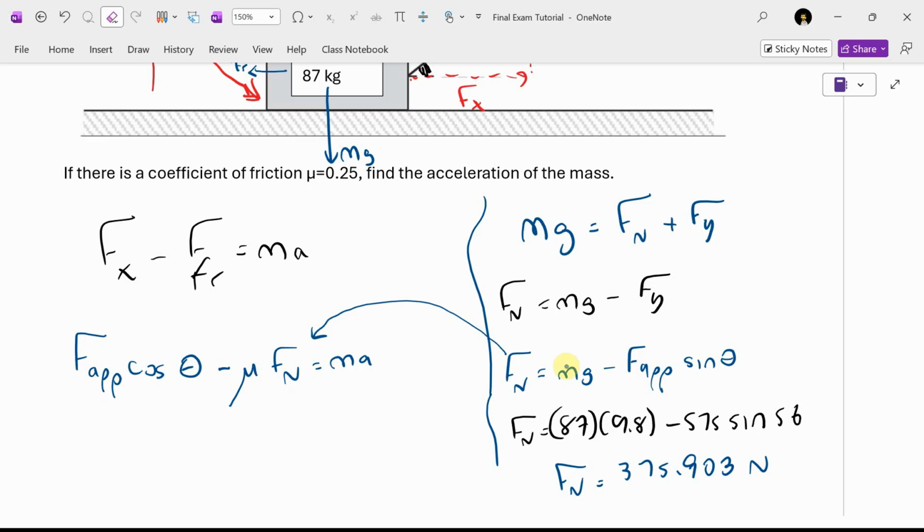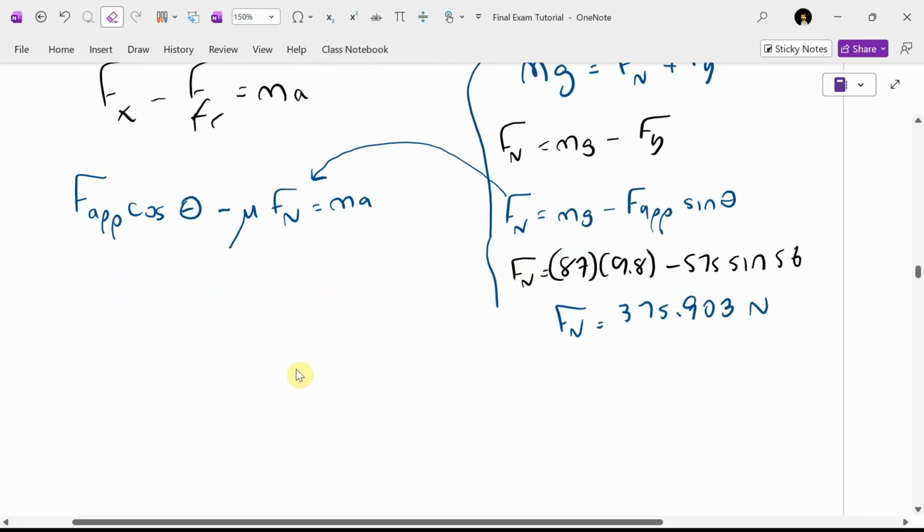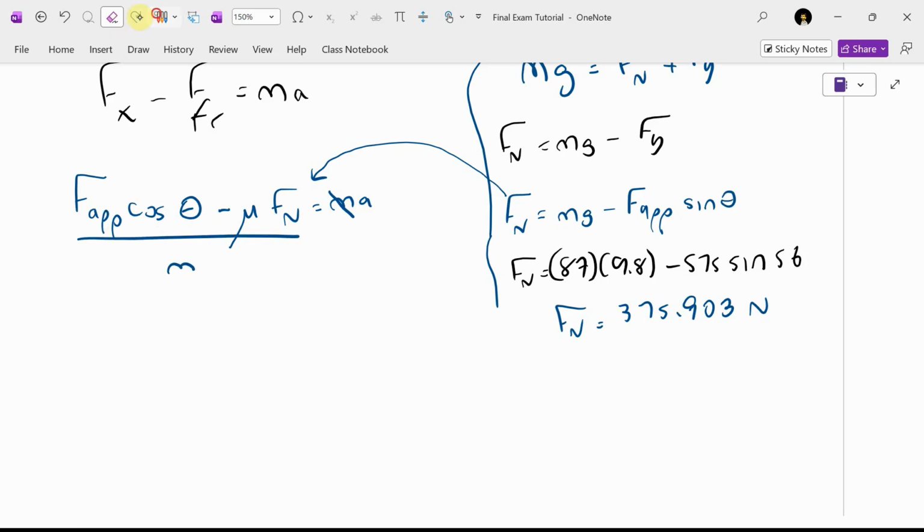Or again, I could walk this whole expression over. I'll do the rest of this algebraically by walking the expression over, but you could just put your answer button there. So how would I get the A by itself, Megan? By M. So it's going to be A equals, what was F applied? 575 cos 56 minus, what's mu?